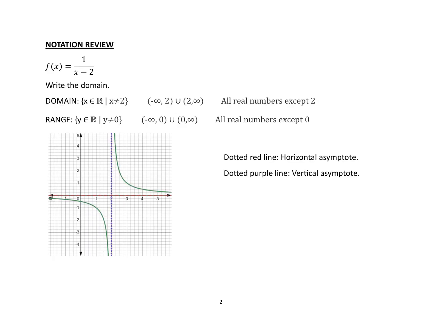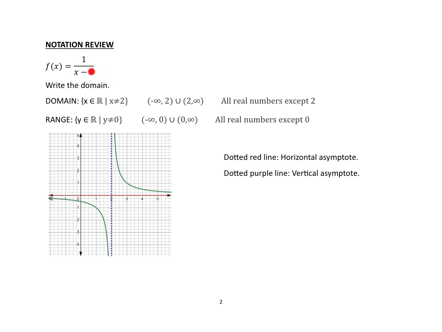Here I'm doing some quick review on notation, and I'm going to introduce some notation we haven't used before in class. And here I have a rational function, y equals 1 over x minus 2, and I'm writing here, write the domain of this function. So what's the domain?